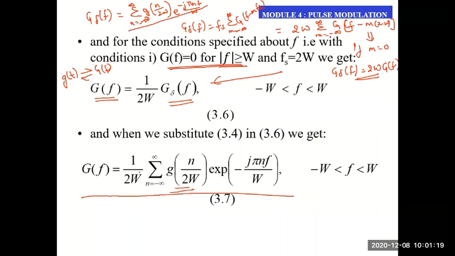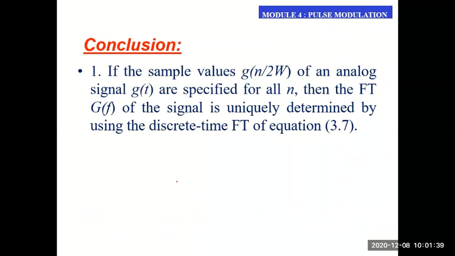Then the Fourier transform of the signal g of t, that is G of f, can be uniquely determined from its samples. G of n by 2W are the samples. We are telling that the Fourier transform can be uniquely determined from its samples. That's the actual physical interpretation.